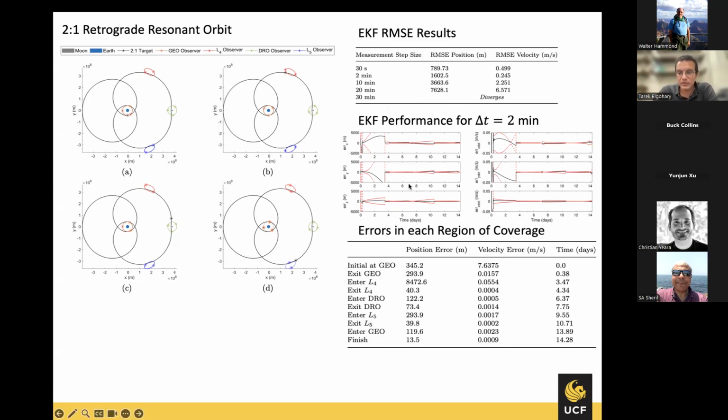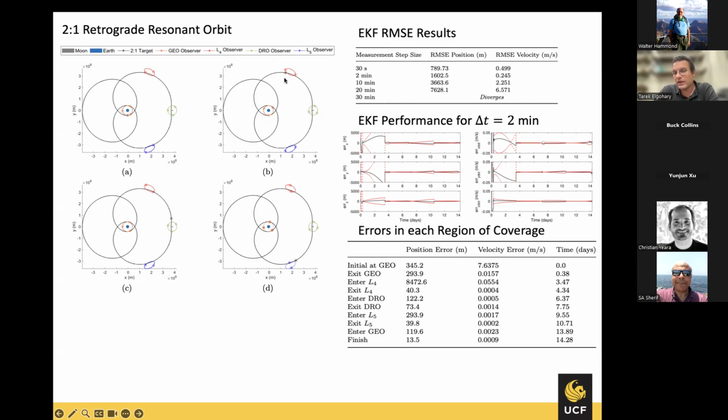But Tarek, you say initially it's okay, but later it starts to diverge. Do you think it might be because of your numerical integrator? No, this is the divergence due to the frequency of the measurements. Oh, okay. So you don't have measurements all the time. This is not full custody. You're losing custody and then acquiring it, and then losing it and acquiring it.